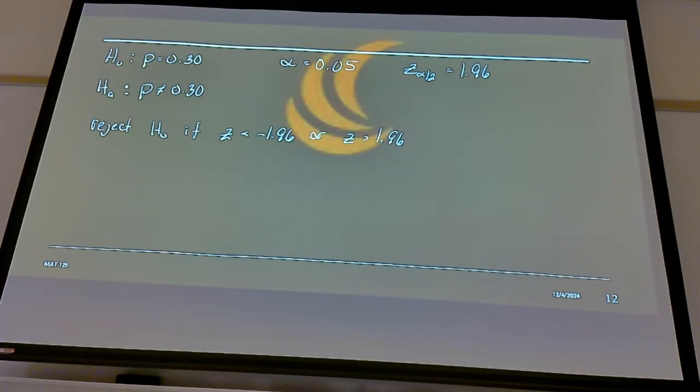Reject when z is less than negative 1.96 or greater than positive 1.96.